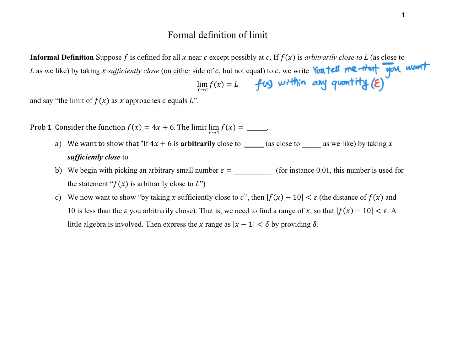Then, within a certain quantity of L. So L within a certain quantity. Then here's what I would do. I have to convince you that this can be done by taking x sufficiently close to c from either side.